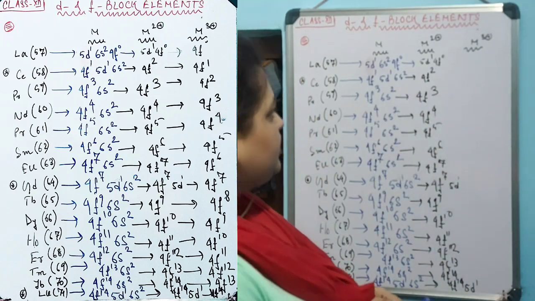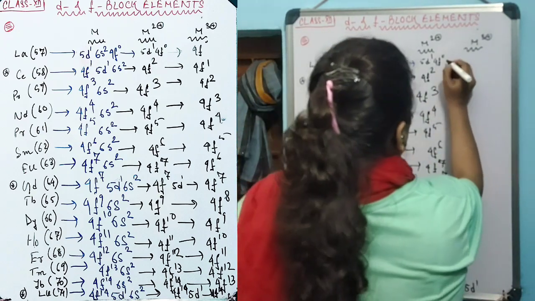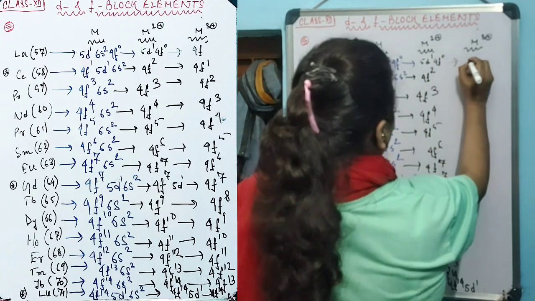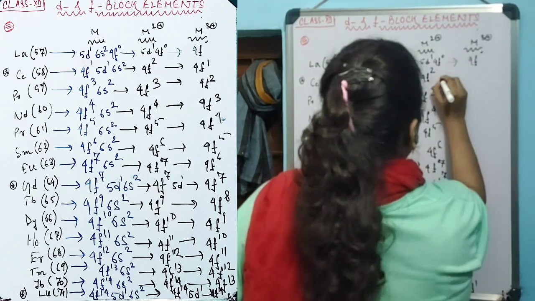Now the plus 3 oxidation state. For lanthanum, by removing the 1 electron from the 5d, it is 4f0.